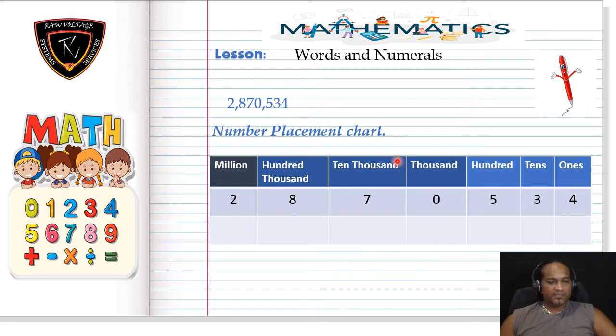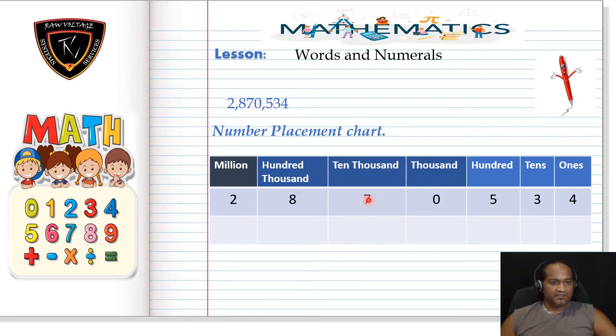So if I ask the question, what is the value of this 8? You just look in the chart, and it is 800,000. This is the value of the 8. If you want to know the value of the 5, you just look at the 5 and the value is 500. If you want the value of this 7, you come here, the 7 is in the 10,000s place.